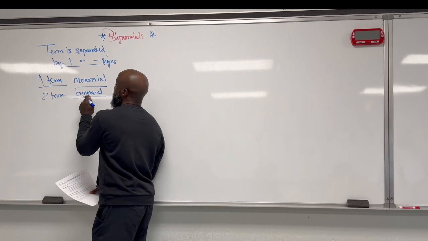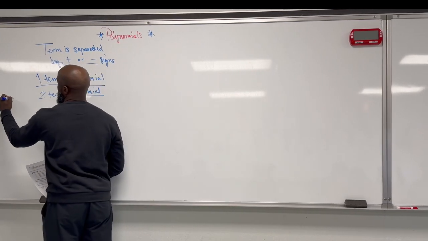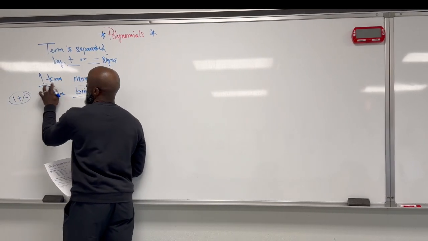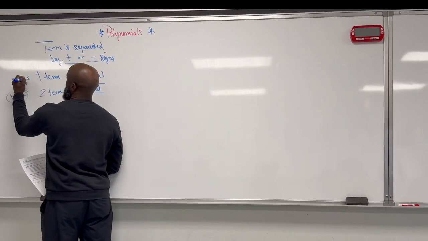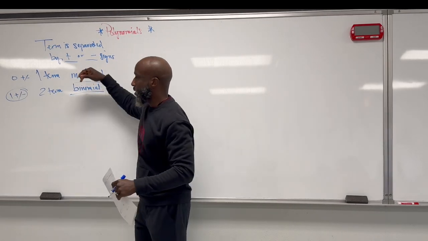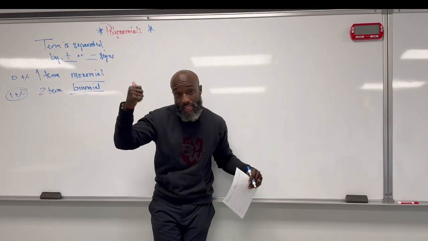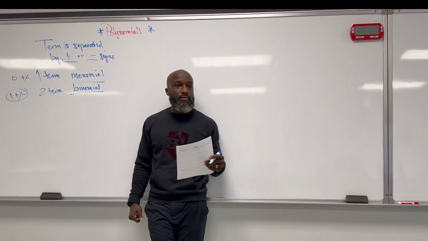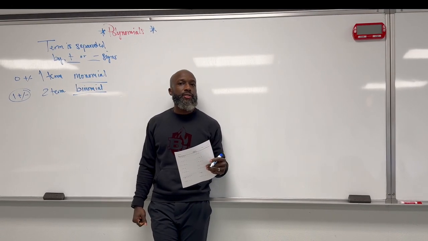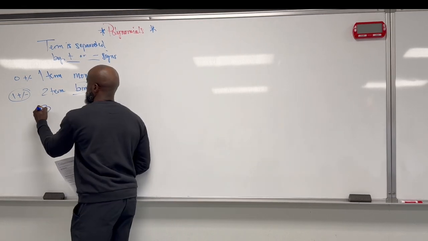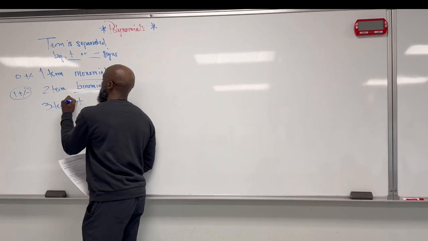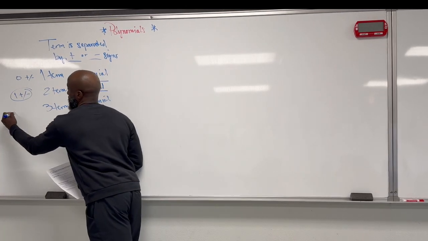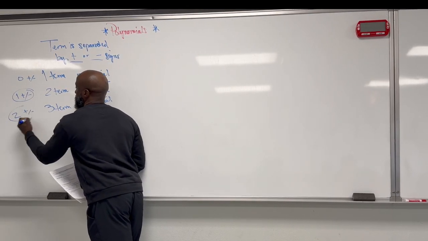If we have a binomial, that means we have one plus or minus sign. With one term, we have 0 plus or minus signs, just variables and numbers. Three terms? What's the prefix for three? Tri. Three terms, trinomial. That means you have 2 plus or minus signs.